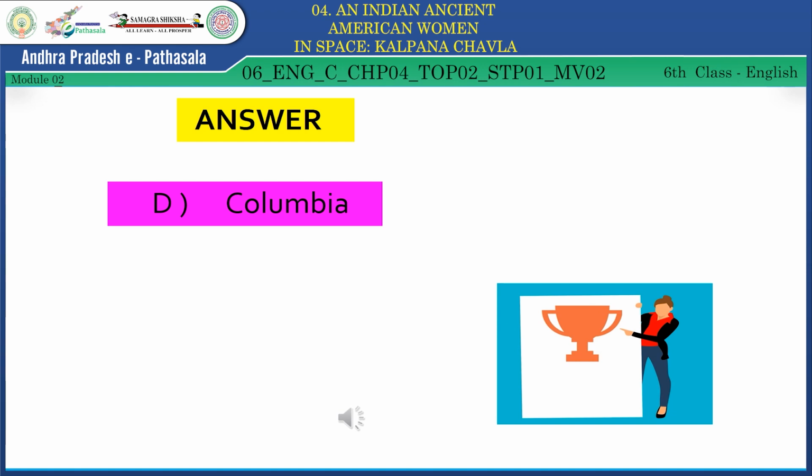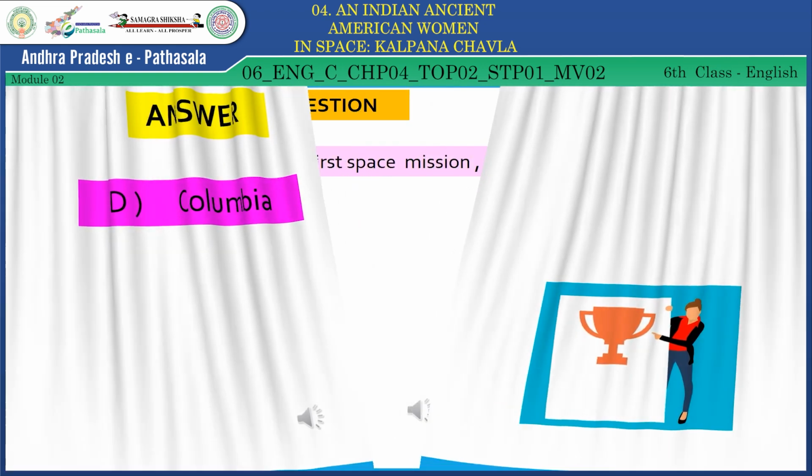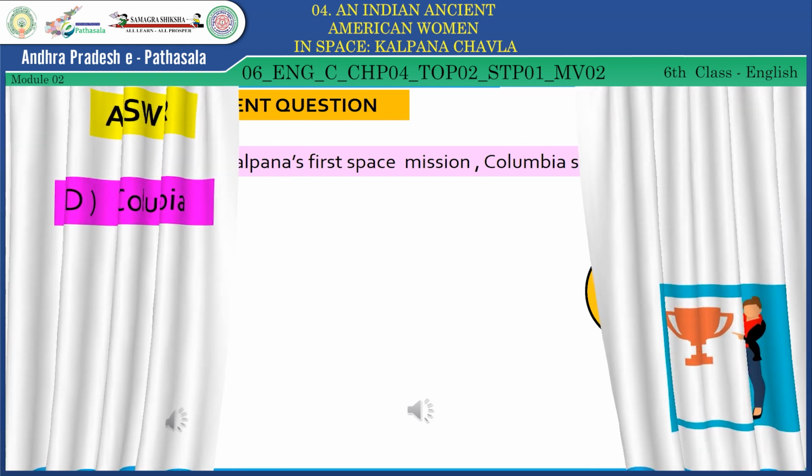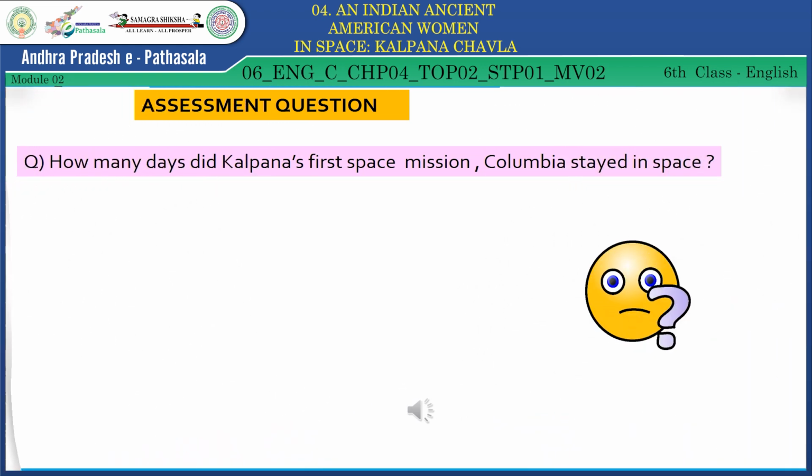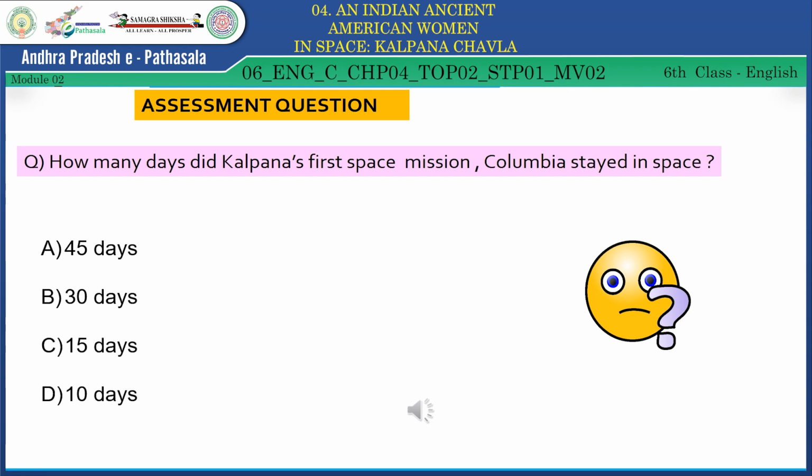Here is another assessment for you. Assessment question number 2. How many days did Kalpana's first space mission, Columbia, stay in space? Option A, 45 days.